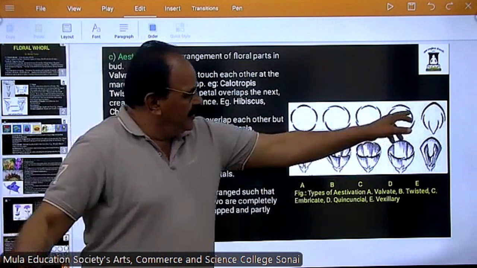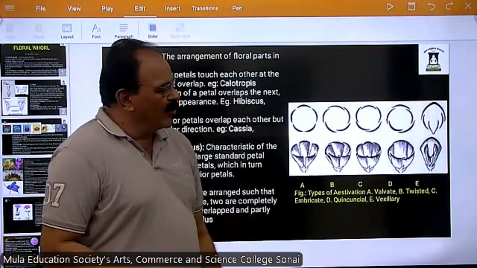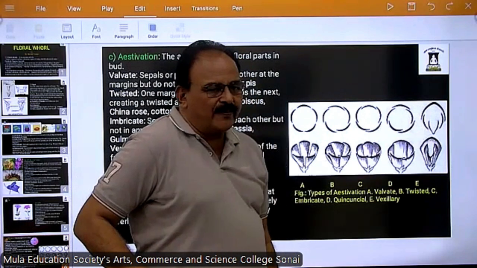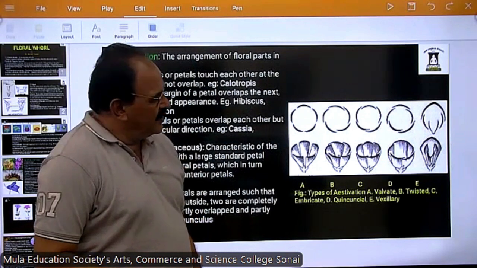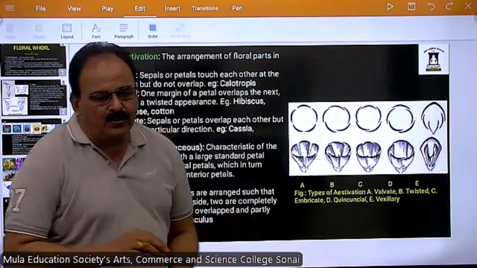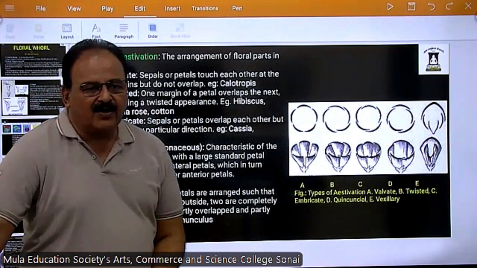So it is divided into a single large petal, called the standard, which covers two wings. These are two wings, and these are overlapping the two small petals called the keel.